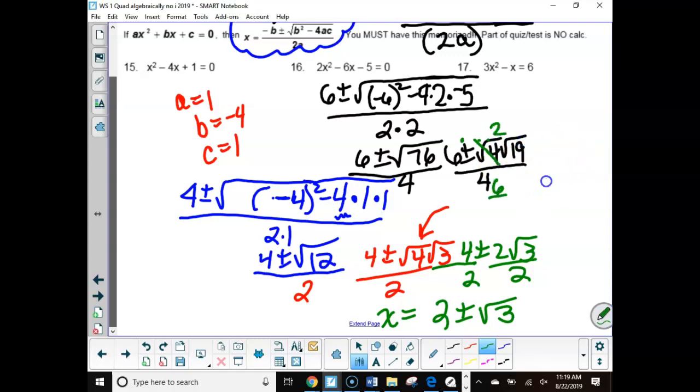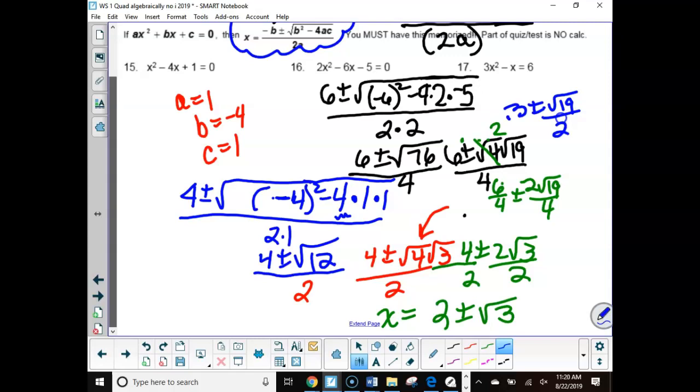So now I have 6 over 4 plus or minus 2 square roots of 19 over 4. Ugh. There's several different ways you could reduce this. Yeah, you could take a 2 out of each of them and leave it 3 plus or minus the square root of 19 over 2.